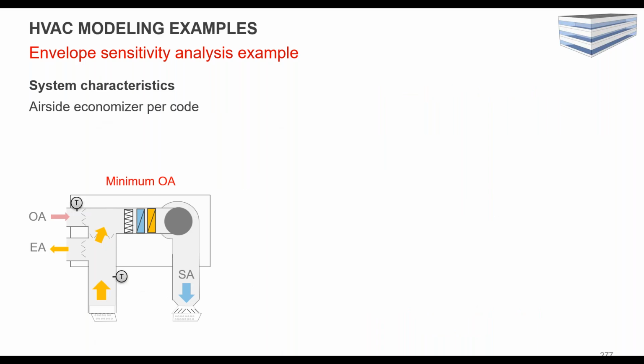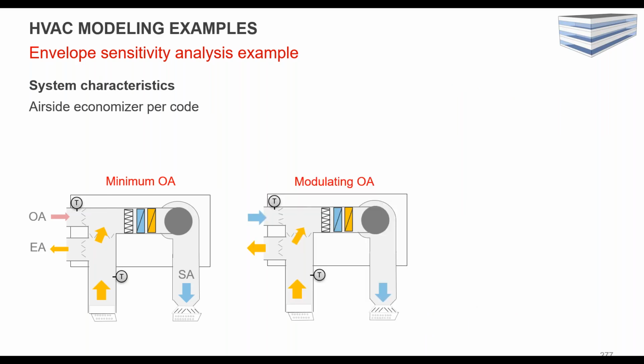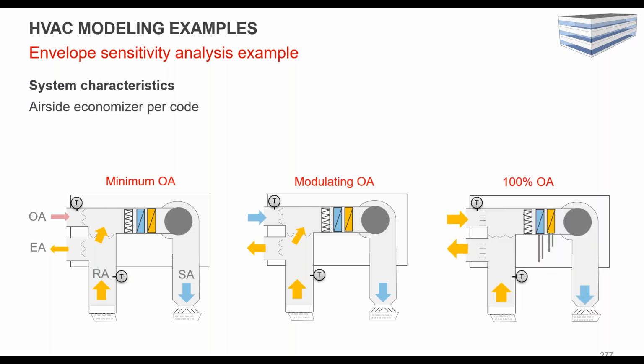What about controls? So in this case, for this climate zone and this system type, you need to have an air side economizer included. So there are multiple operating control schemes that would be here. This is required everywhere except for humid climates.